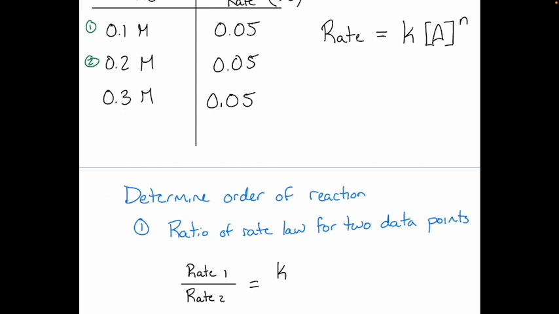So k times the concentration of A at that first data point to the power of n, divided by k times the concentration of A at my second data point to the power of n.